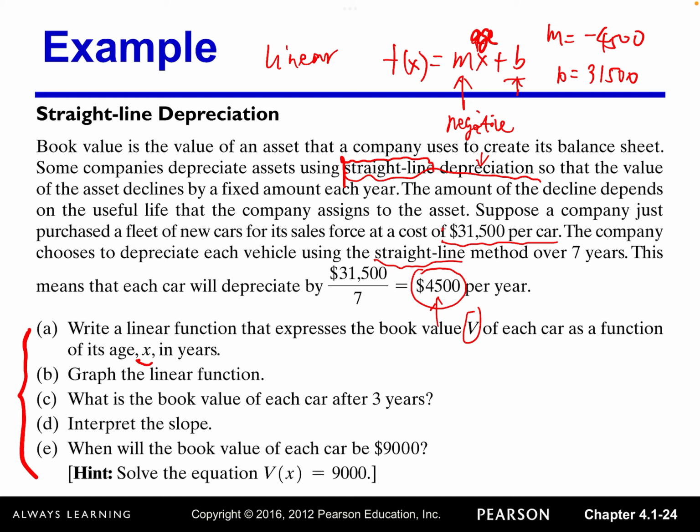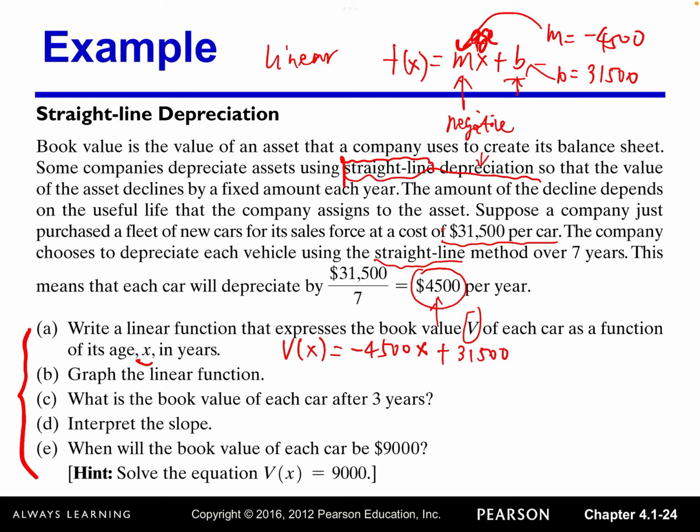After we identify these two parameters, we can update the function and easily write a model. Now for f of x, we use V of x to represent book value. V of x equals negative 4,500x plus 31,500. That's the linear model to describe this problem.